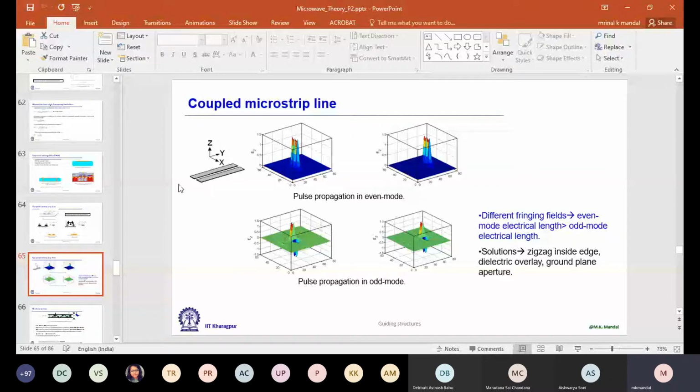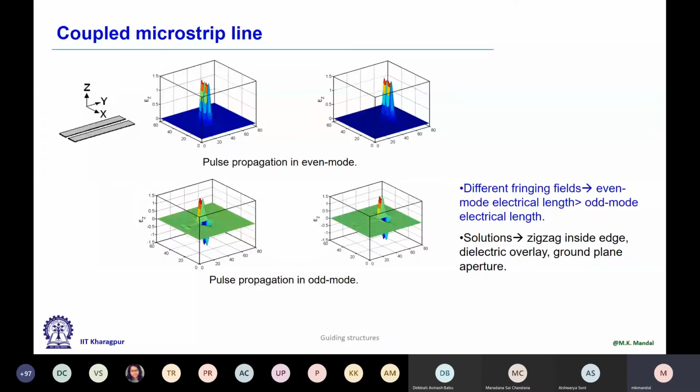I did not show the ground plane, but it is there. I'm connecting an RF generator, one to the first microstrip line and one to the second microstrip line. The RF generator is sending a Gaussian pulse, and I'm drawing the normal electric field, that is, Y is the propagation direction, the Ez component just below the metal strip.